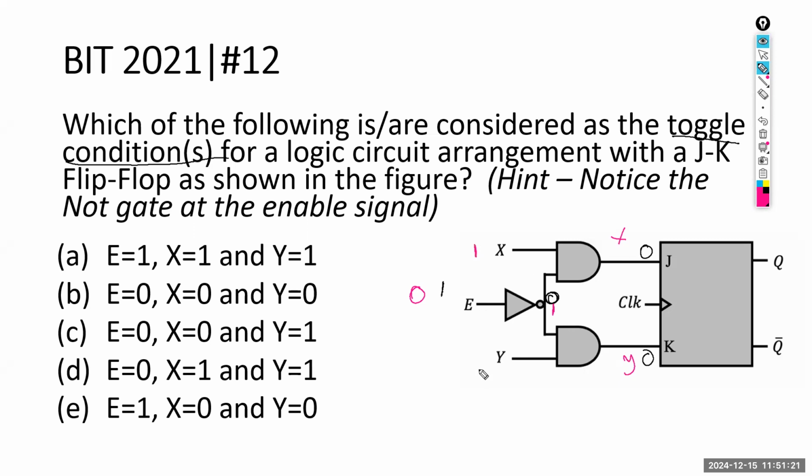Make x 1, y 1, because 1 dot 1 is 1. Make this 0, because not 0 is 1. So then you get 1, 1. 1, 1 is the toggle situation. So if you want to get the toggle situation, you need to make sure that enable is 0, x is 1, y is 1. Answer is, anyone got D? Yes, answer is D. Okay.